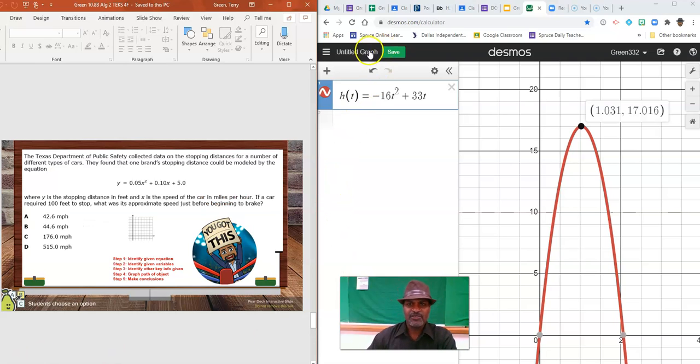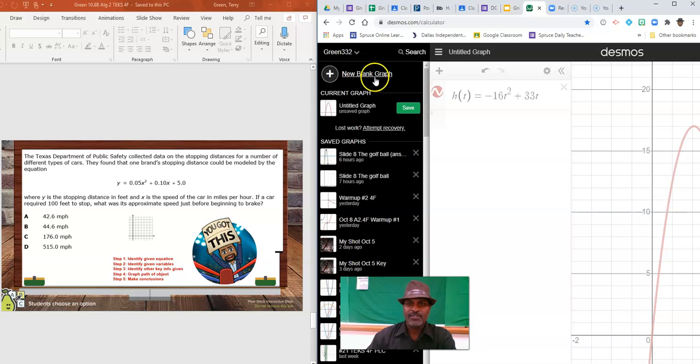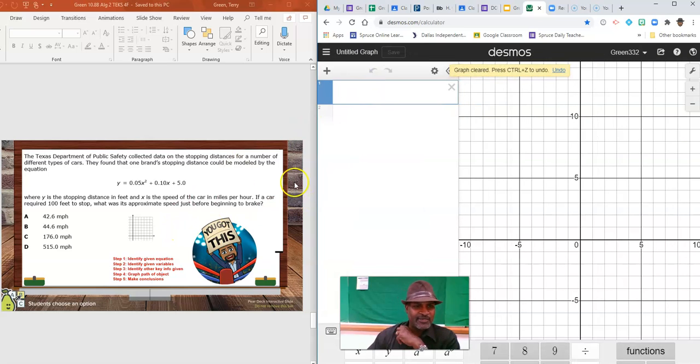All right, so here, blank graph. I think you now see what the pattern is. Just to type the equation: the Texas Department of Public Safety collected data on the stopping distances for a number of different types of cars.